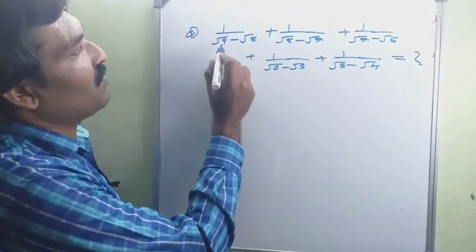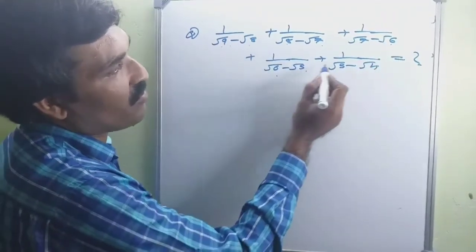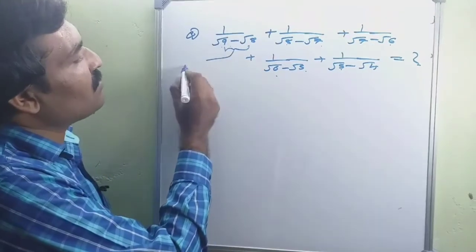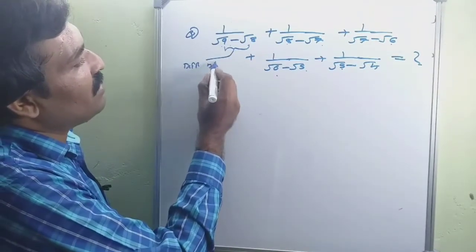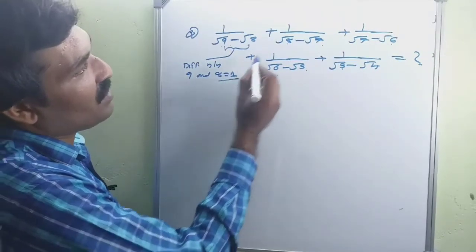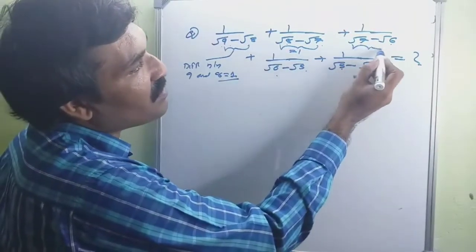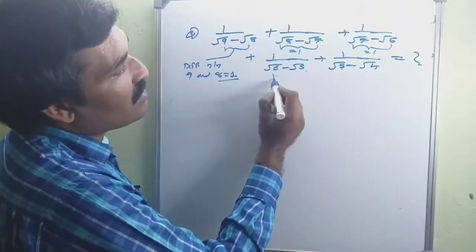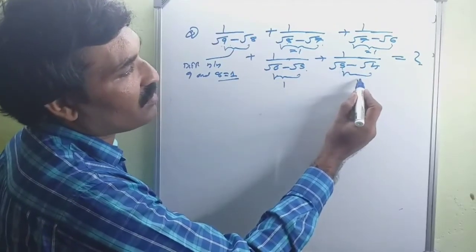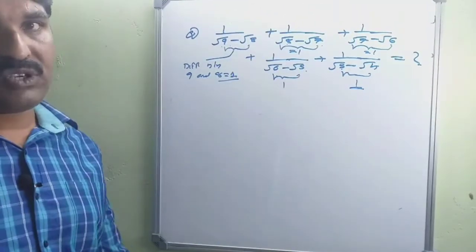Here is a similarity: root 9, 8, 8, 7, 7, 6, 6, 5, 5, 4. What's the difference between 9 and 8? It is equal to 1. The difference between 8 and 7 is 1, between 7 and 6 is 1, between 6 and 5 is 1, and between 5 and 4 is 1. So there is a similarity in this expression.